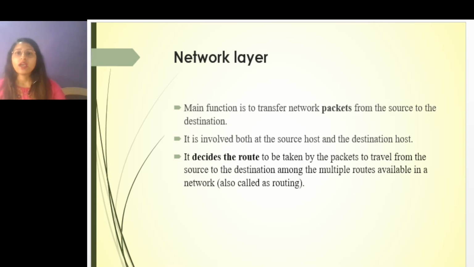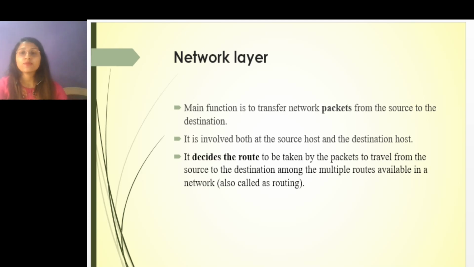So how does it actually work? At the source, it is going to accept the packet from the transport layer. The transport layer is above the network layer. It is going to encapsulate it and deliver the packet to the data link layer, the layer below the network layer, and it is further transmitted.